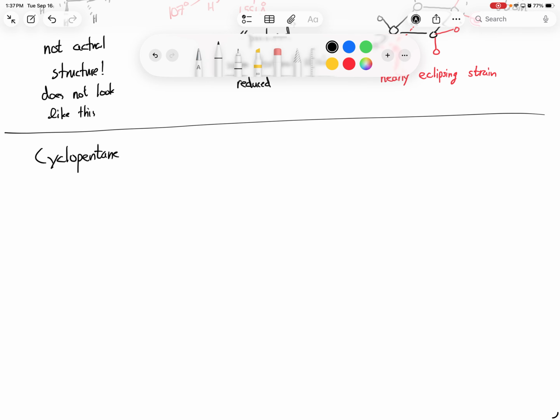For cyclopentane, not much to say here, but don't worry about its interior bond angles. They are larger than cyclobutane, so there's not much bond angle strain because of the interior angles, but there's eclipsing strain because of the hydrogens.